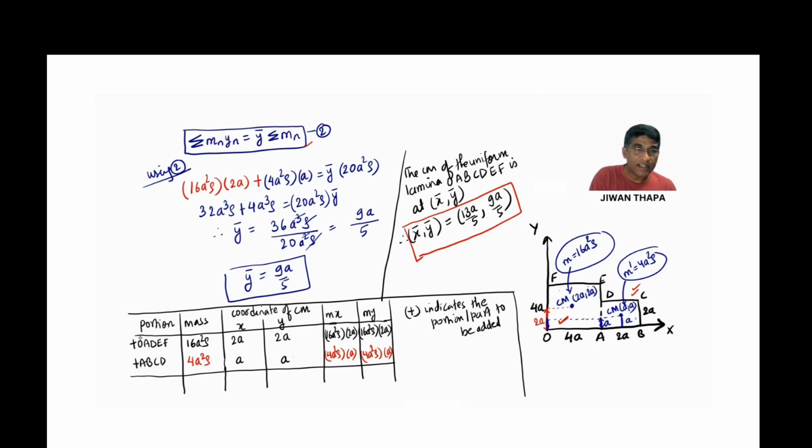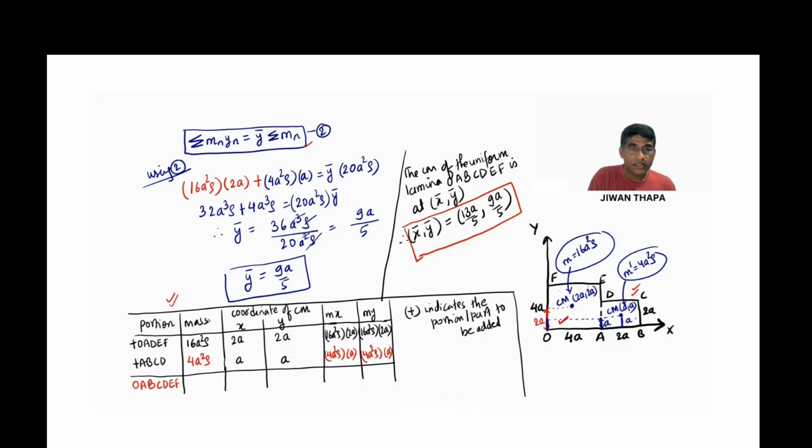Now if we add these two parts, then we get the composite or total lamina, okay. So I'm writing in this way. So we have O, A, B, C, D, E, F, which is a composite lamina. So this table, okay, is very useful in understanding the problem more precisely, okay.